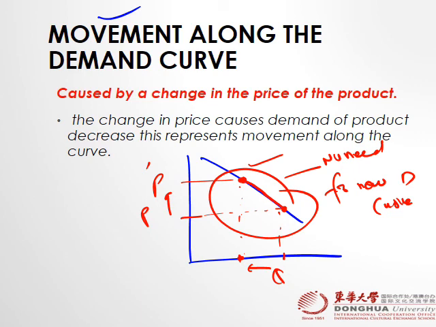So what do we mean by movement? When the quantity demanded changes and the reason is just price, we call this movement. It is caused by a change in the price of the product.